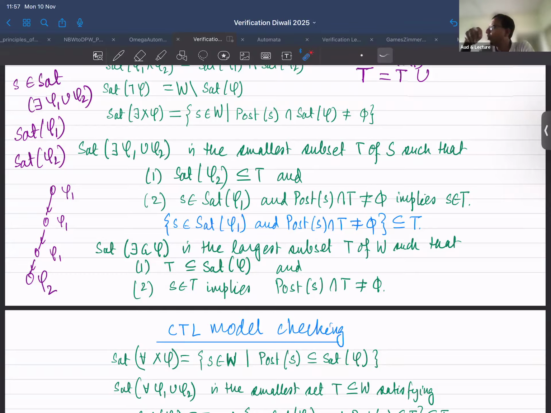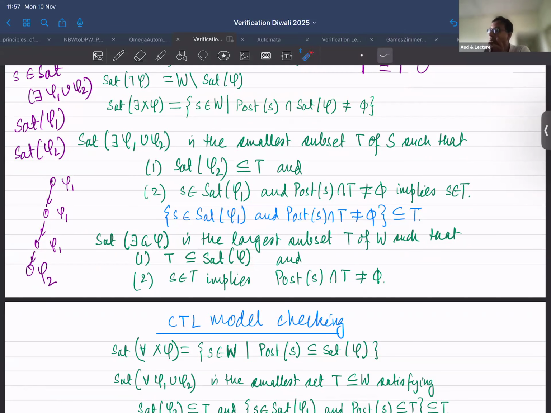But if I don't satisfy phi, I'm clearly not in this set. Okay. So to be in this set, its first prerequisite is that I have to satisfy phi. And for all such states which satisfy phi, you will have further conditions, right? So this is like a superset of the set of states satisfying there exists G phi, right? So we are going to remove states from sat of phi in order to get the set sat of exists G phi, right?